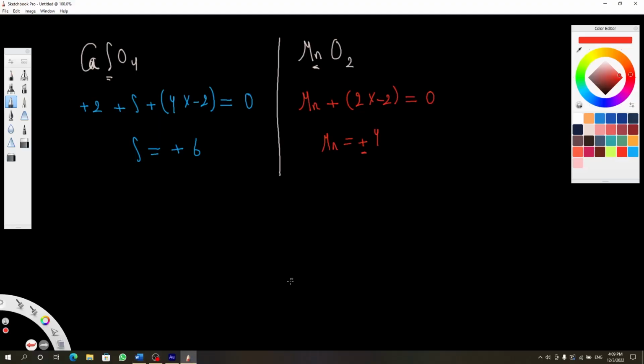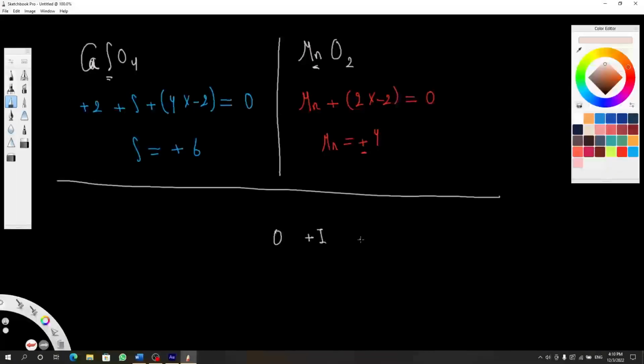If we are to draw a timeline or a representation of reduction and oxidation, here we have 0, and then you have positive 1, positive 2, and positive 3, while here we have negative 1, negative 2, and negative 3.